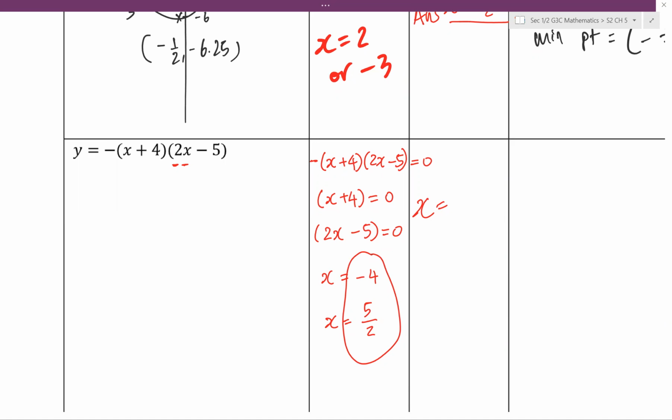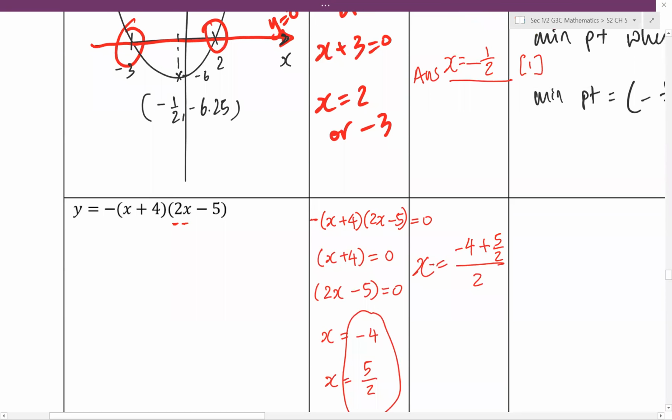Just right now, -4 plus 5/2, and divided by 2. Use your calculator to do the difficult work for you. You have -3/4. So the equation is x equals -3/4.